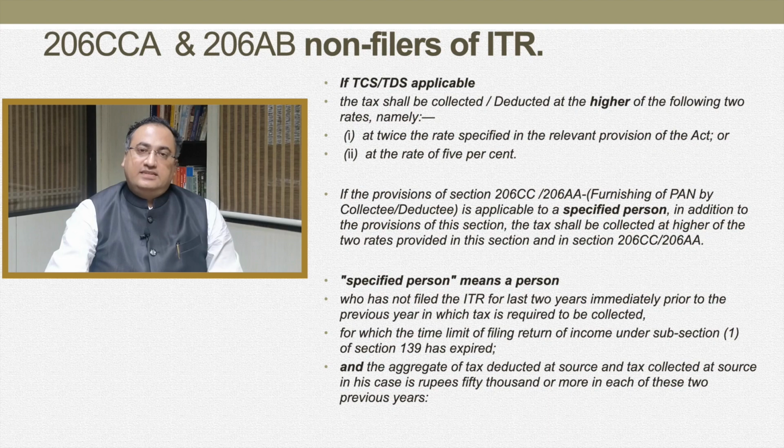Total of TDS and TCS is more than 50,000 during each of those years. So in that case, TDS or TCS shall be collected or deducted at higher rates as discussed just now. However, this section also specifies in case there is a conflict between section 206CCA or 206CC and with respect to TDS 206AB and 206AA.